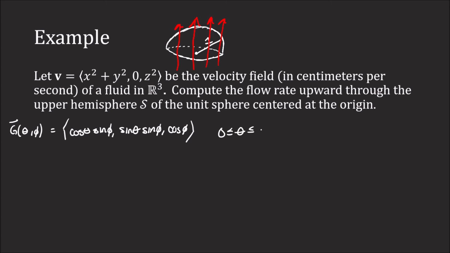It'll be from 0 to 2 pi. However, since we're dealing with the upper hemisphere, phi will only go from 0 to pi over 2. Note that this means that the normal vector is sine of phi times this G.